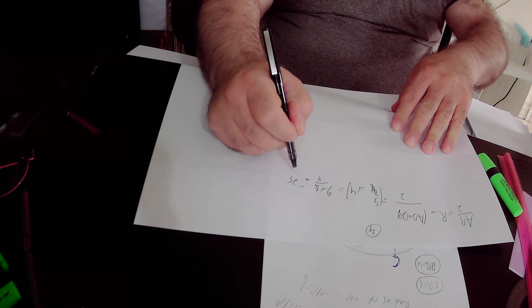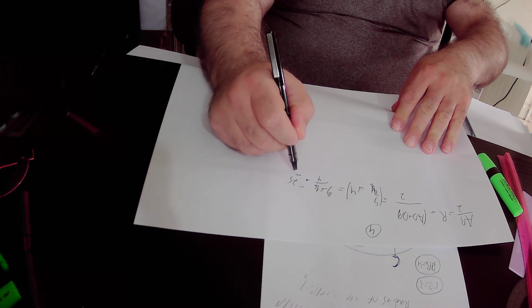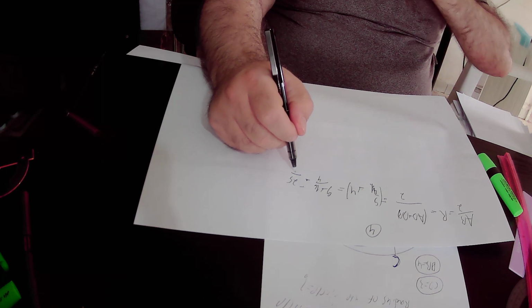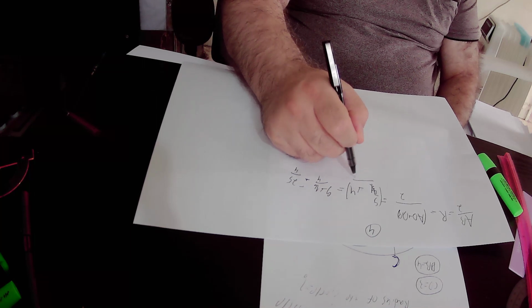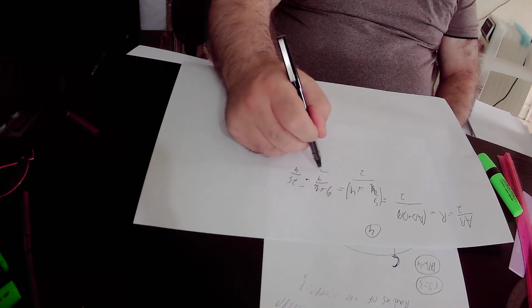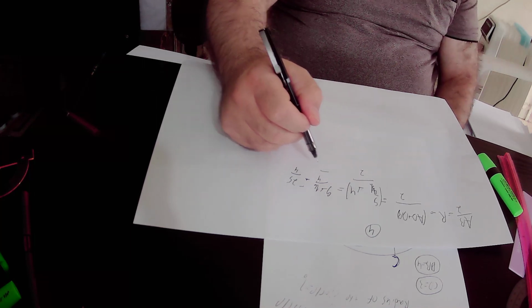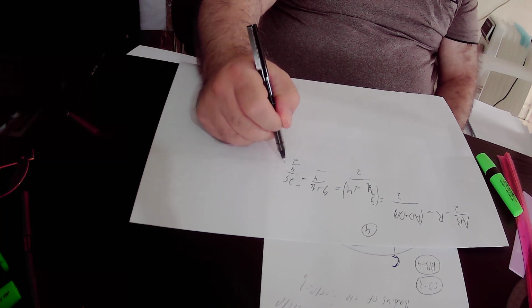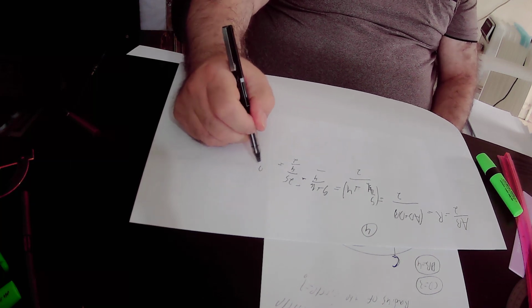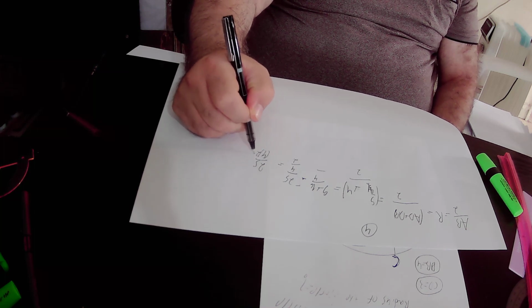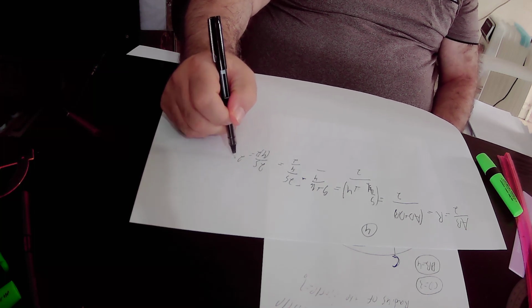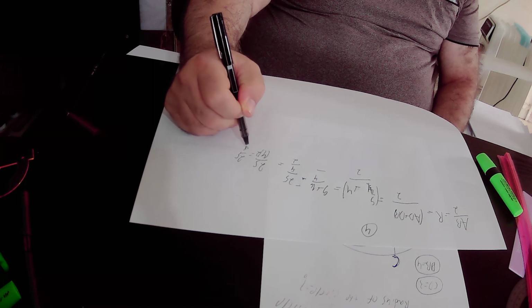25 over 4. We have to divide it by 2, of course, because it is AB over 2. So it is 25 over 4 times 2, that is 8, so it is 25 over 8 units.